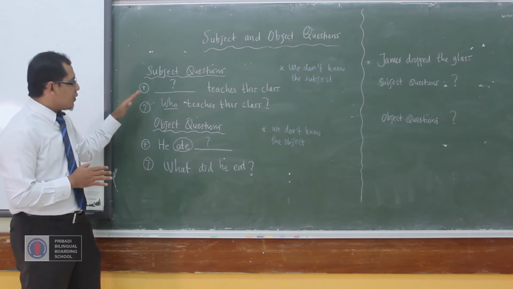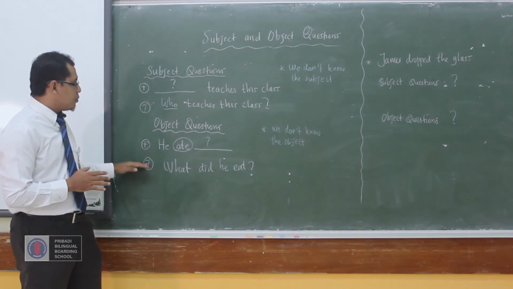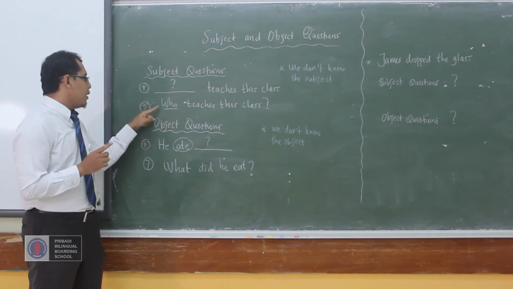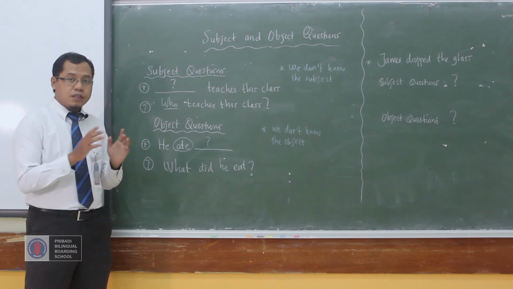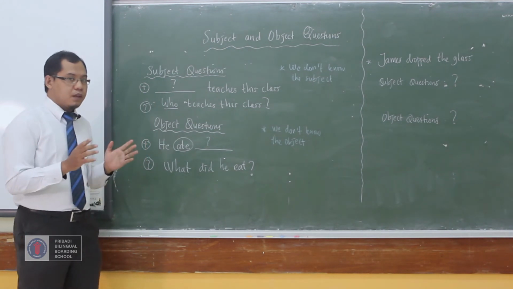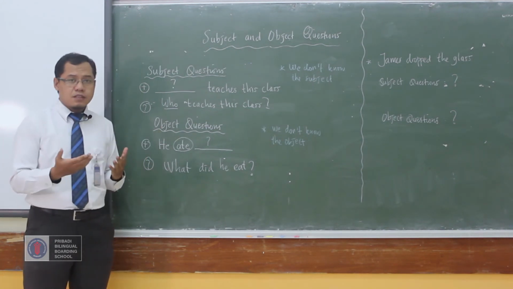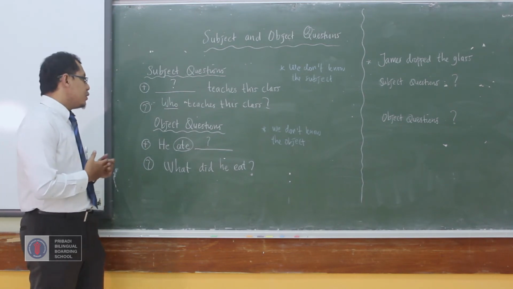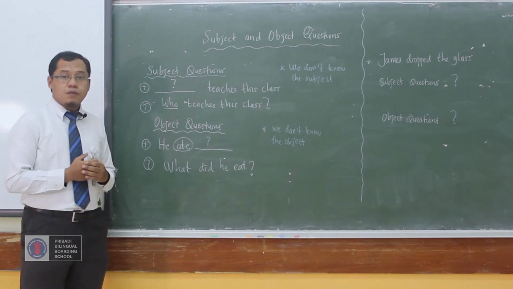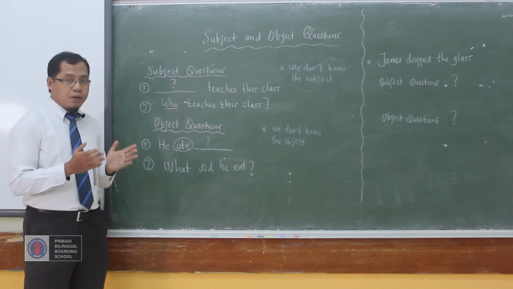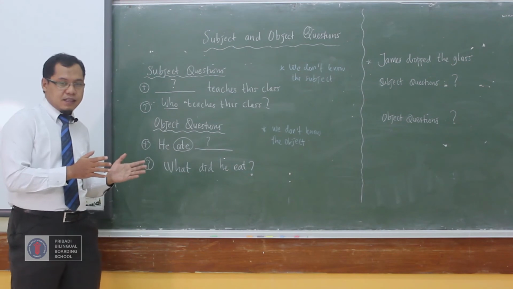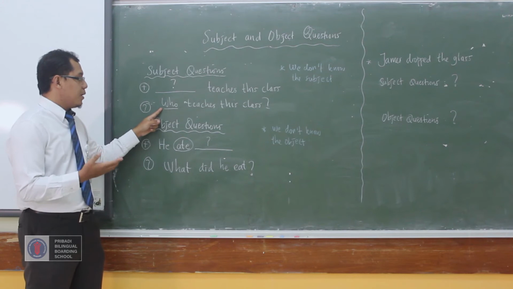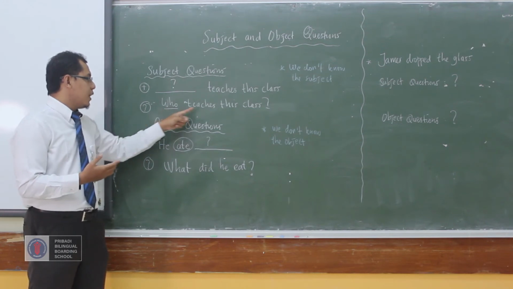Okay, let's take a look at the difference between the subject questions and the object questions. The first difference is that for subject questions, we don't need to use an auxiliary. So after the question word like who or what or maybe some other question word, we just need to put the verb. And the verb depends on the tense. In the sentence, for instance, since this is in the present simple, we use teaches.